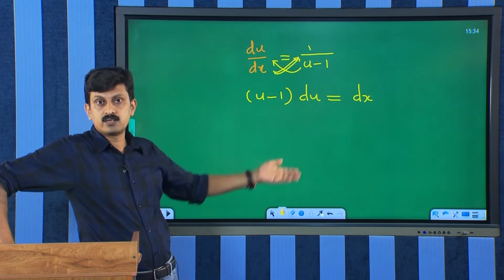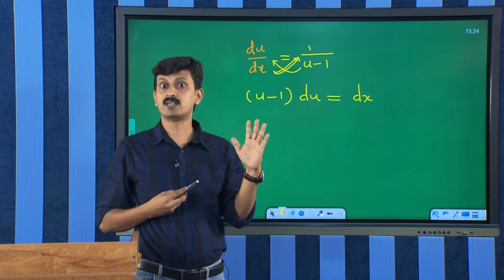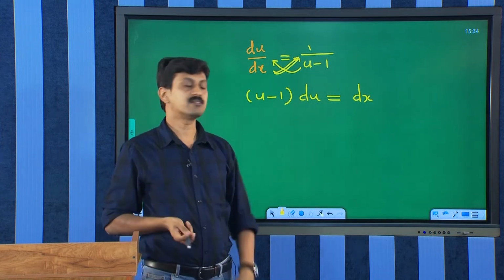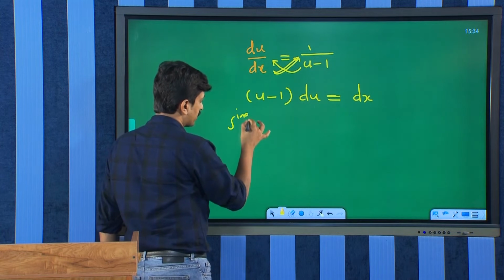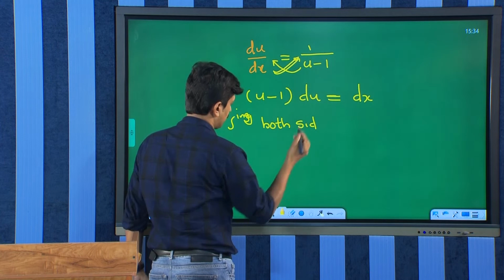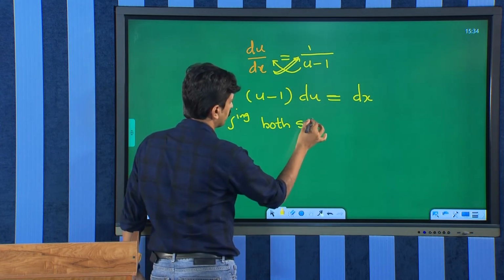Now, as we did in the variable separable method, it is easy to solve this equation by integrating both sides.